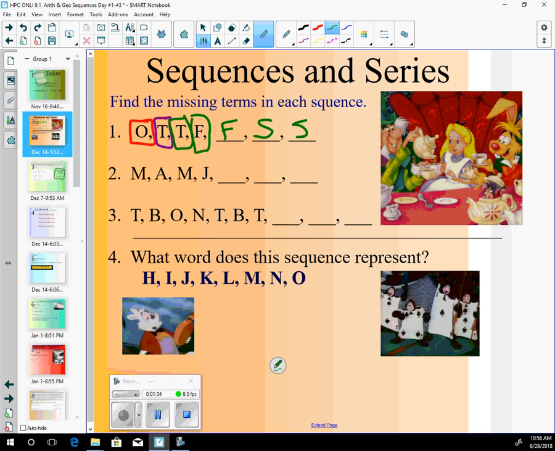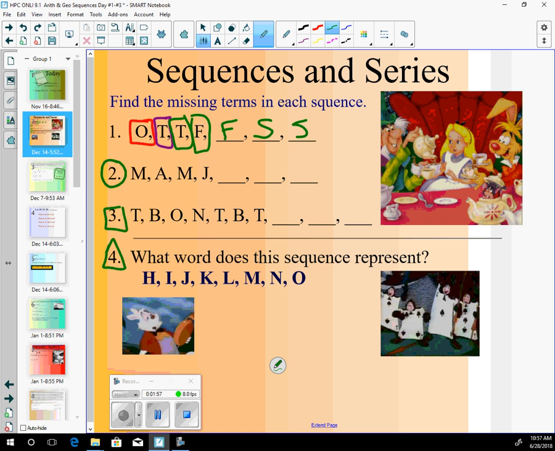Number 2 and 3, I'll give you 2 hints. 2 has to do with the year, and 3 has to do with literature. 4 is a science question, and it's probably my favorite.